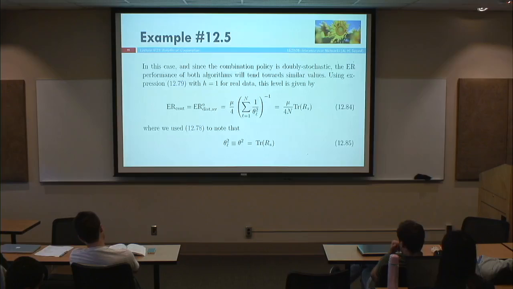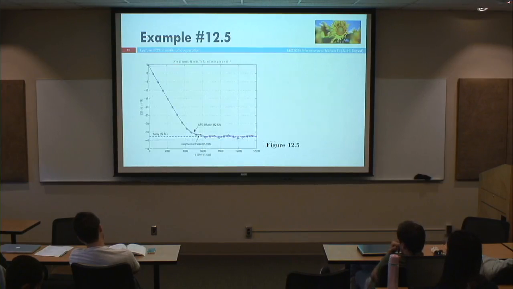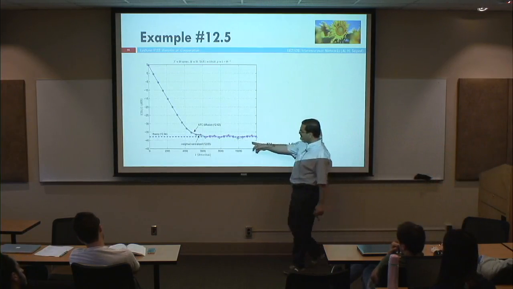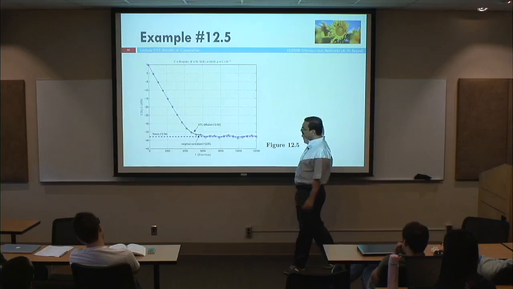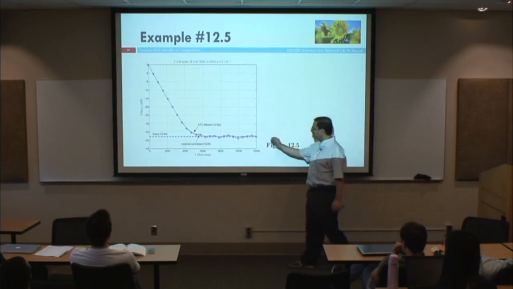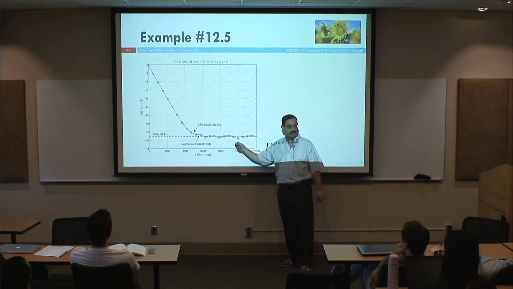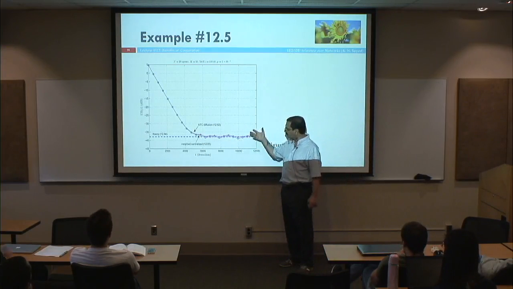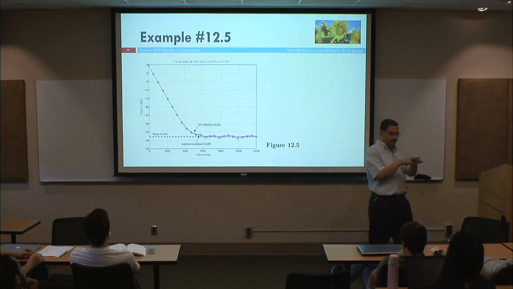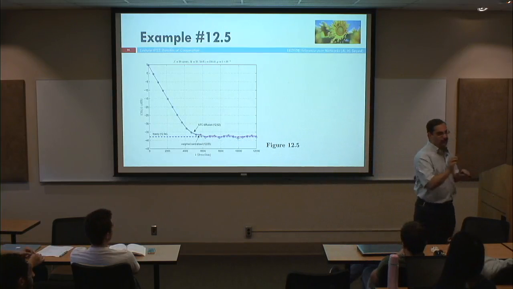Anyway, these are the expressions we derived. Let me just show you the simulation. You can see that, of course, the centralized solution is a little bit better. These differences here are due to the approximations we do in the analysis. If you use a smaller step size, because the theory says they are the same to first order in mu, so mu has to be very small.